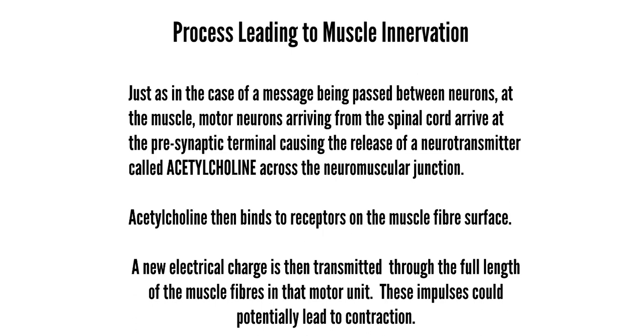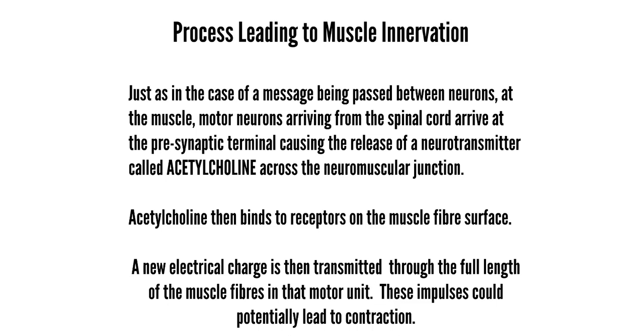So the process leading to muscle innervation, just like what happened with the neurons, we have a motor impulse, same as an action potential, coming down the motor neuron, arriving at the presynaptic terminal of the neuromuscular junction and causing the release of neurotransmitters across the synaptic cleft. The neurotransmitter in this case is called acetylcholine. It's not important that you remember that.